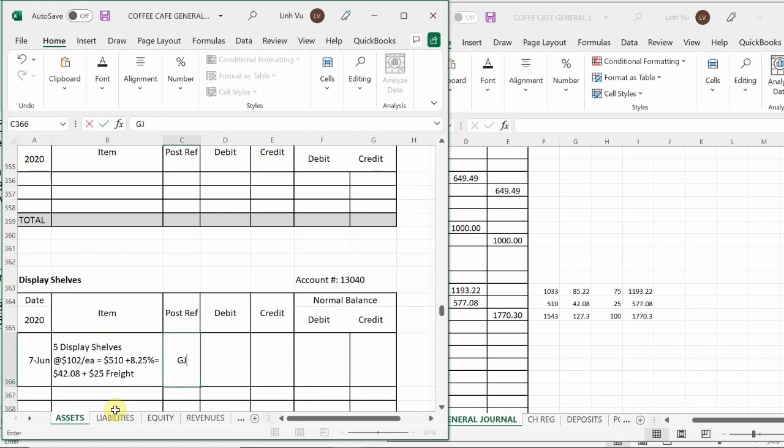Journal number 2, and we got this for $577.08.